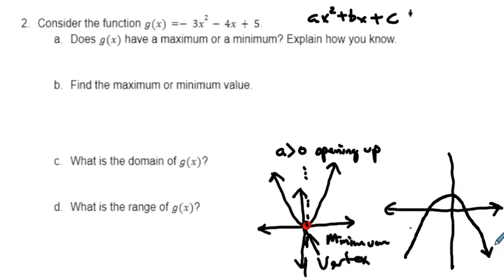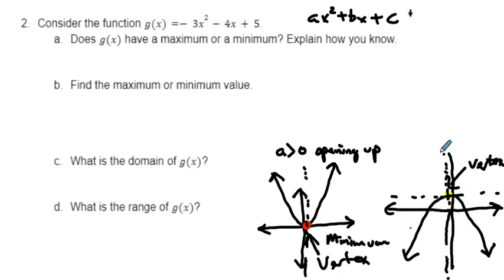All right, now let's say we've got something that looks more like that. Our vertex would be somewhere around here, which means my axis of symmetry would be approximately there. It doesn't really matter, we're just trying to make a point here. That point right there, the vertex, is also going to be the highest point this graph has.